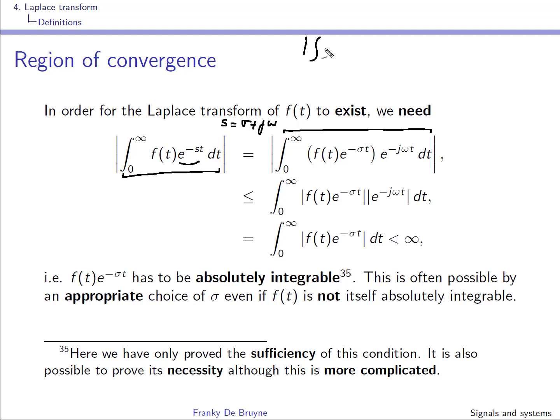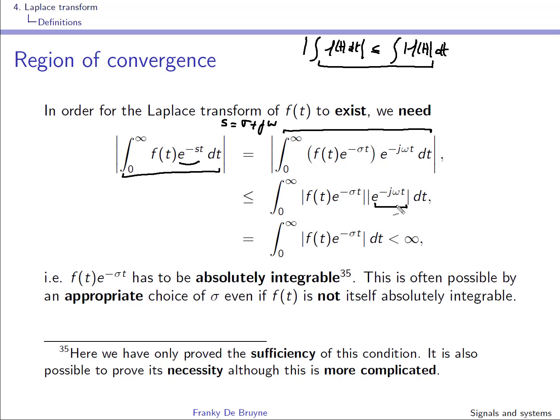The absolute value of the integral of f of t is smaller or equal than the integral of the absolute value of f of t dt. And if you use this inequality, you can bound this thing over here by this thing. So this is an upper bound of this thing over here.